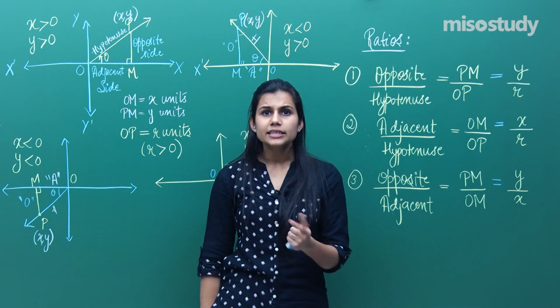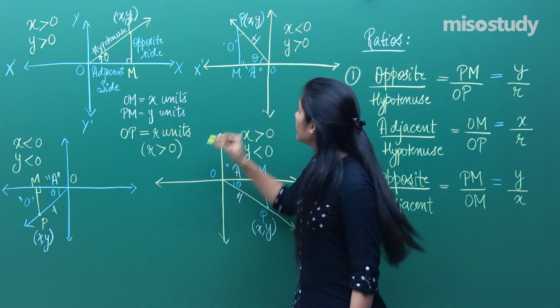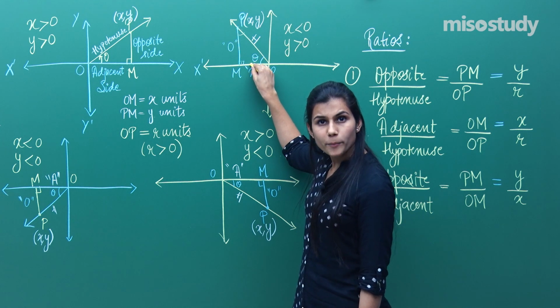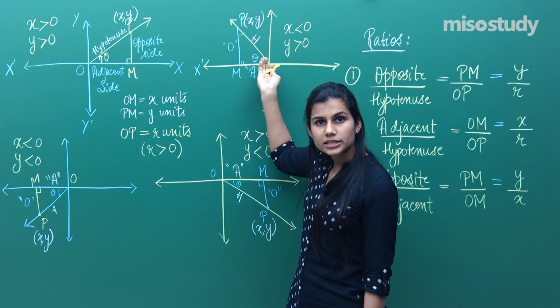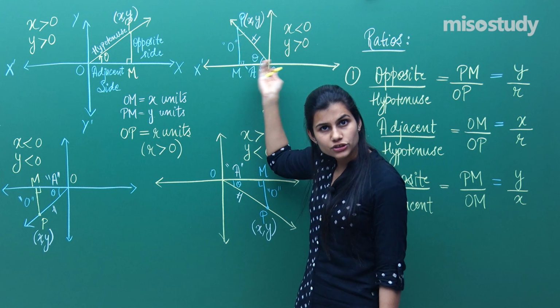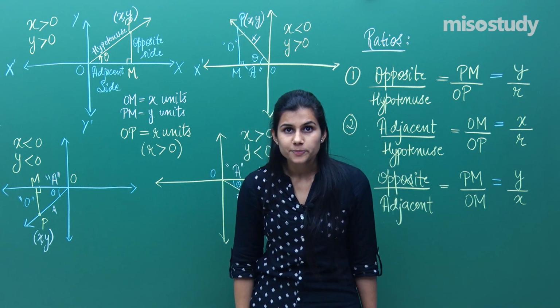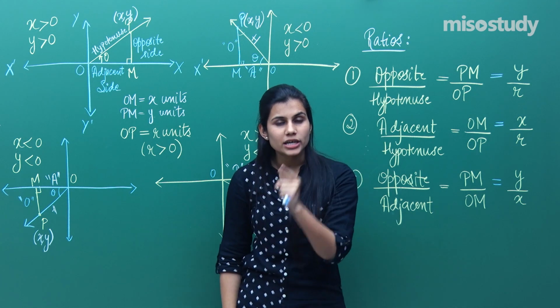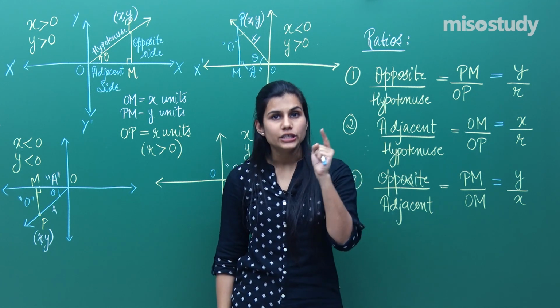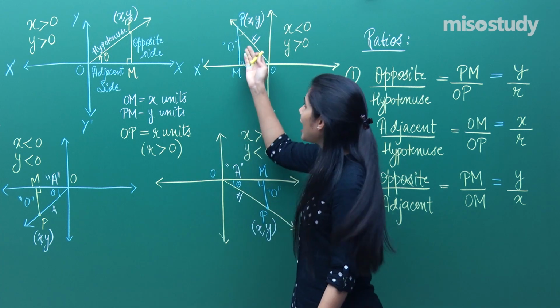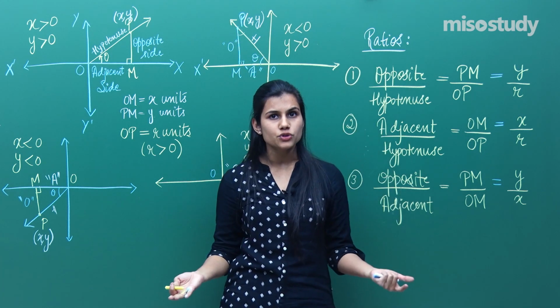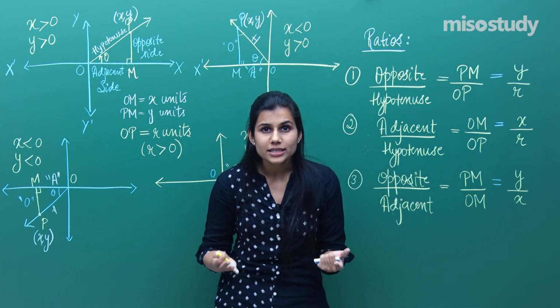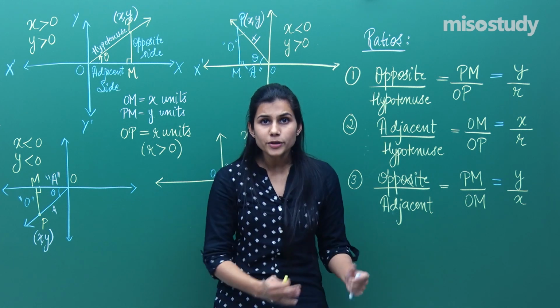That means the entire story has changed. The side which we chose to be opposite has now become adjacent, and the side which we chose to be adjacent has now become opposite. That means it is the angle with respect to which a side becomes opposite or adjacent. Obviously, the hypotenuse will remain the hypotenuse only. The problem lies with the side being adjacent or opposite.